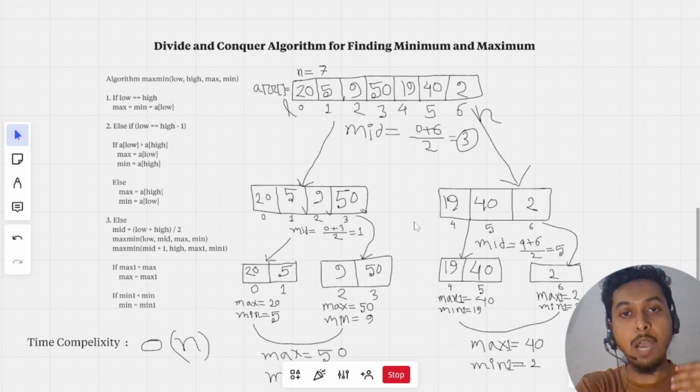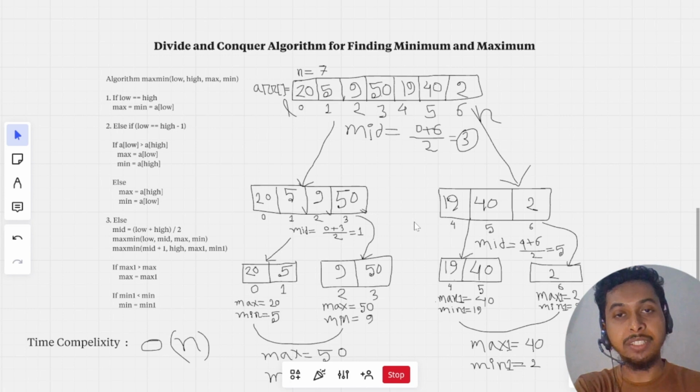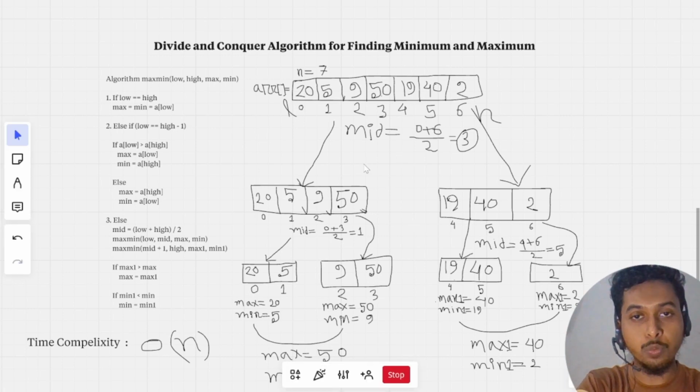For the question of how we can divide this array, we just take a mid value. This is the lower index and this is the higher index, divided by 2, this is the mid value. In the left array, this is the low index and this is the mid index, 3 is the mid index, so 0 to 3, low to mid, is the left subarray.